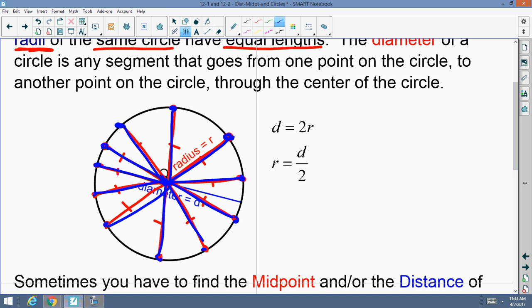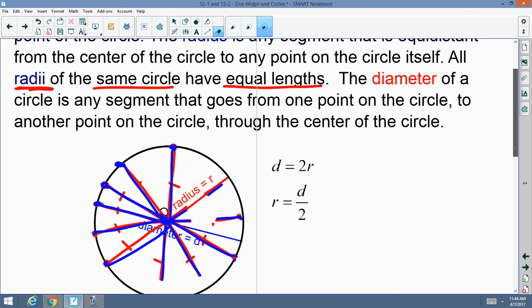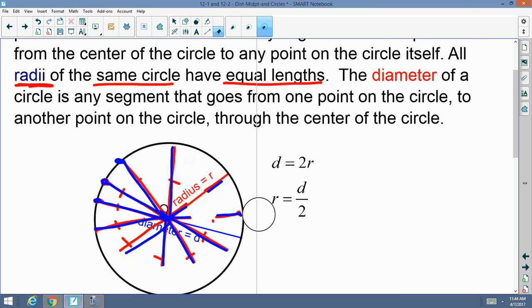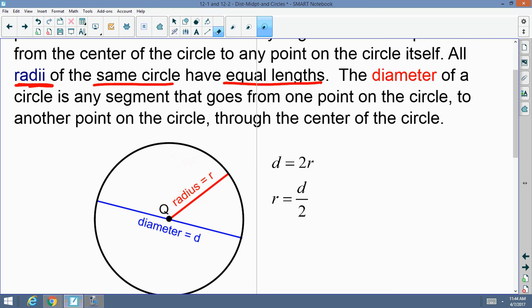Now, a diameter, gentlemen. The diameter of a circle is any segment that goes from one point on the circle to another point on the circle through the center of the circle. So the diameter goes from one point on the circle through the center of the circle all the way to another point on the circle.